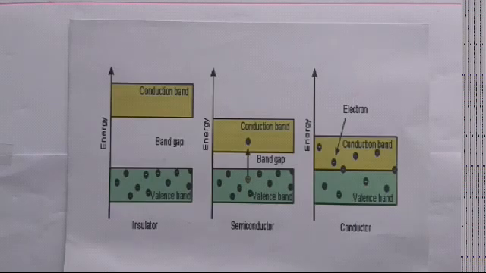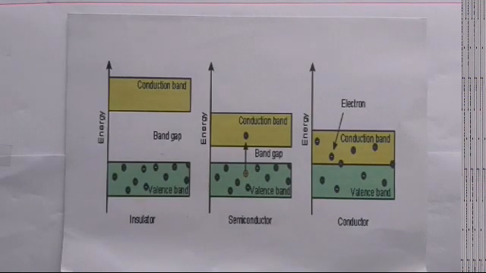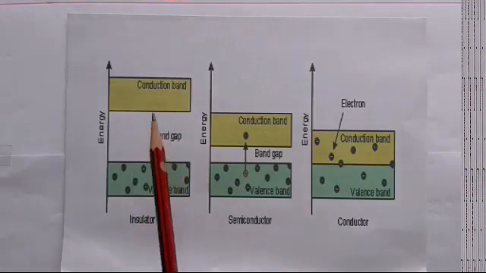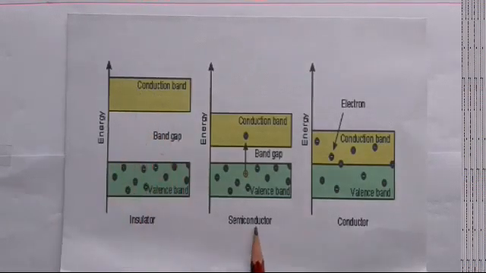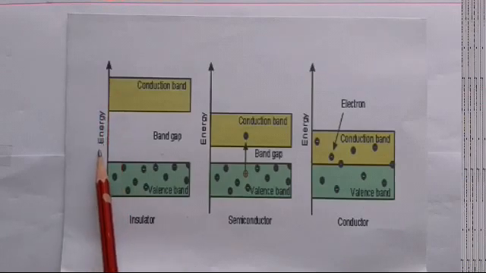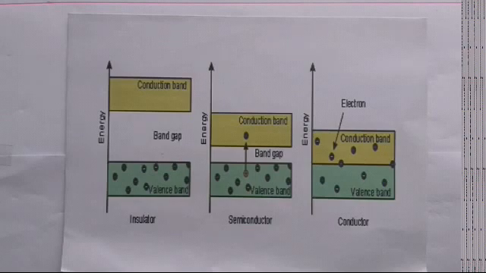So let's see how conduction takes place. We have this diagram. In this diagram, we have valence band and conduction band for insulators, semiconductor and conductor, which are drawn against their energy level. So let's see valence and conduction band.